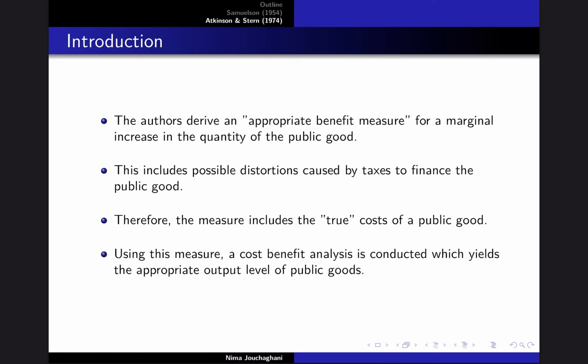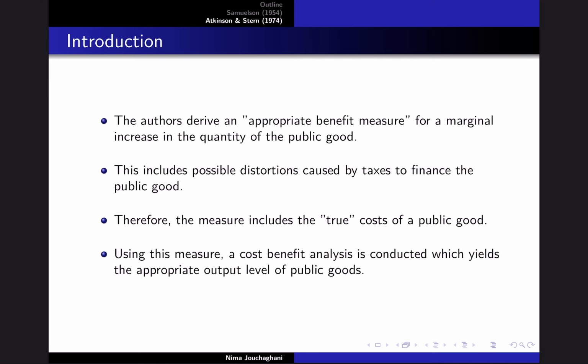What the authors are basically doing is that they derive a so-called appropriate benefit measure for a marginal increase in the quantity of the public good. In particular, this means that if you consider the Samuelson condition in the easiest way that we had in the lecture in proposition 1, the benefit measure there was simply the sum of marginal utilities of the public good.